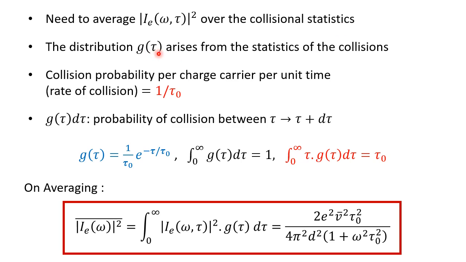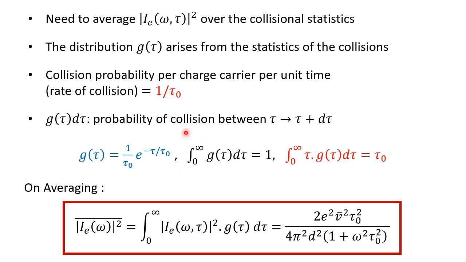So I can talk of again the same distribution g of tau that arises from the statistics of collisions. And if 1 over tau naught gives me the rate of collision, where tau naught is my typical average lifetime of the charge before it recombines, then clearly the same arguments, g of tau d tau gives me the probability of collision happening between tau and tau plus d tau. The distribution looks of this kind.